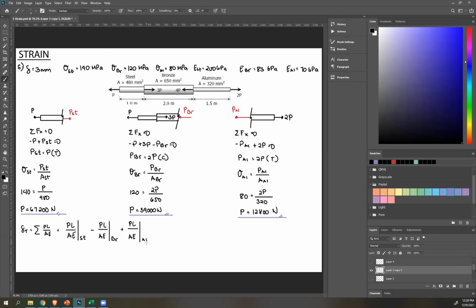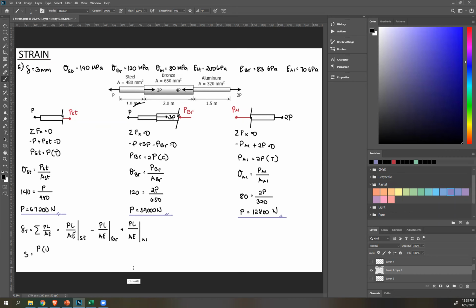Now let's just sub in our values. Again, total is 3 equals P for steel is just P. Total length, 1 meter. So I'll write 1. And then our E is in GPa, which you can convert to Newton per square millimeter if you want. That's just times 10 raised to 3 to get MPa. Since we're in Newton and millimeter, I have to convert the length into millimeter as well.